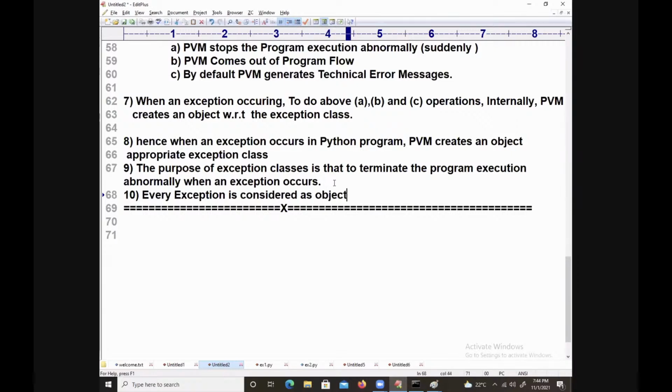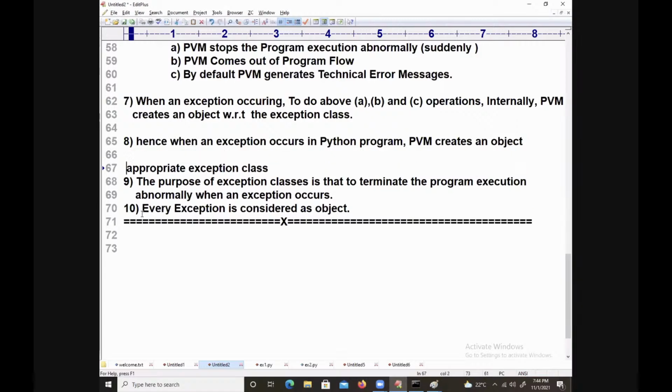Every exception is considered as an object. Am I correct? Every data type is considered as a class whose object we are storing. Every exception occurrence is considered as one object. That's it. 10th point also I mentioned, my dear students.